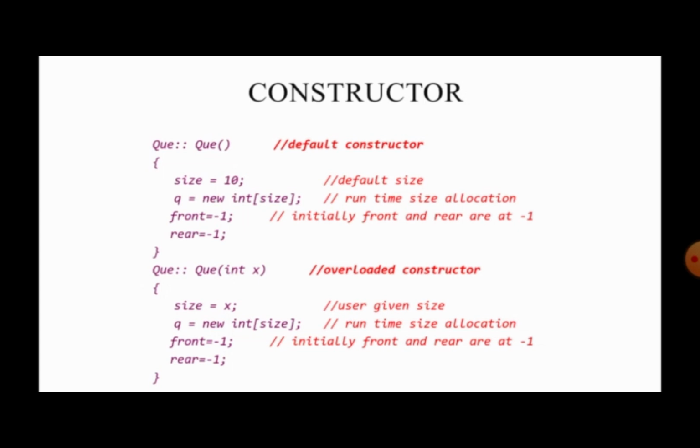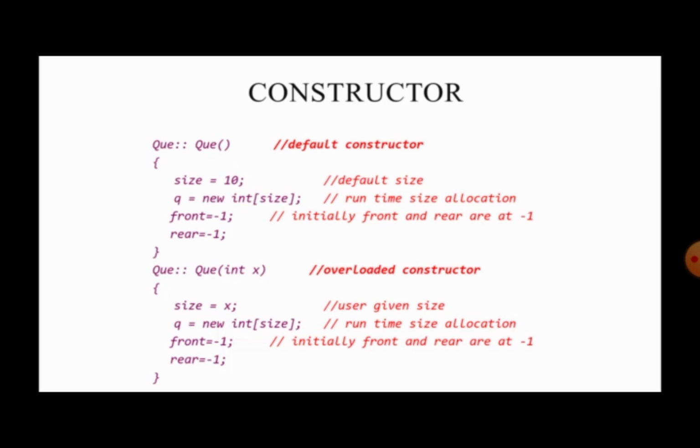Here we are assigning size is equal to x, the value which will be passed at the time of creating the object, and in the next statement we again allocate the memory at runtime for creating the array to hold the queue elements, and the size of the queue will be x number of indexes.